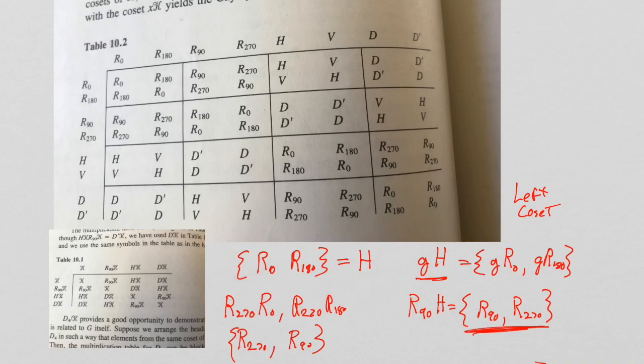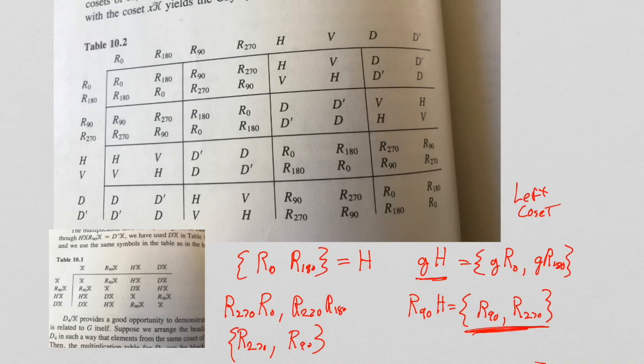So once we've decided what our subgroup is, now we can talk about the cosets associated with that subgroup.